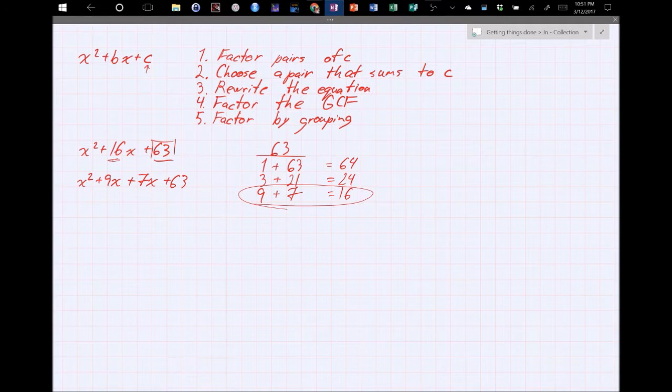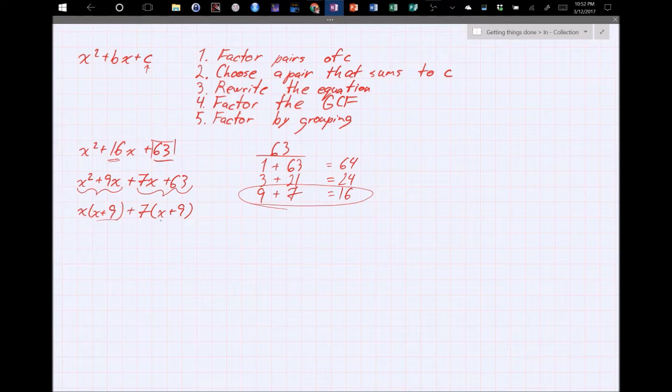Notice these add up to 16. Okay, now I'm going to factor out the GCF of this pair and this pair. So GCF here is x, so I get x plus 9, and my GCF here is 7, and I get x plus 9.